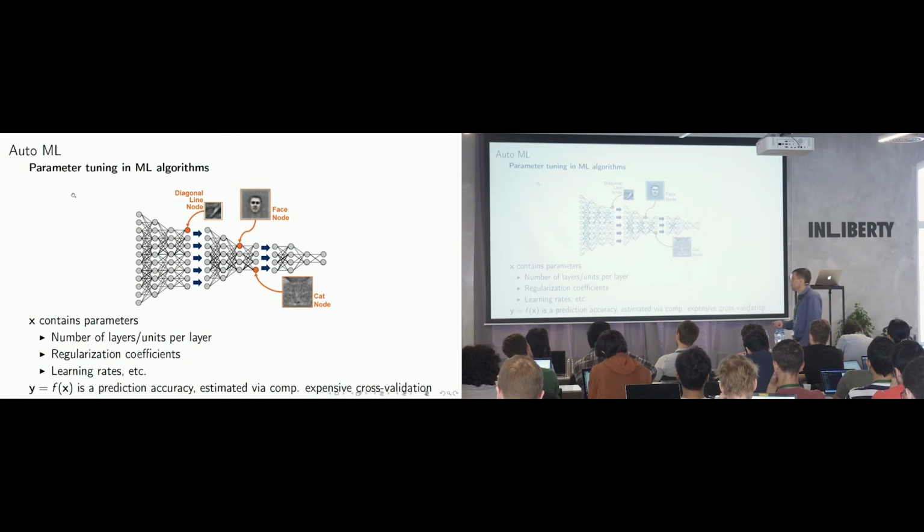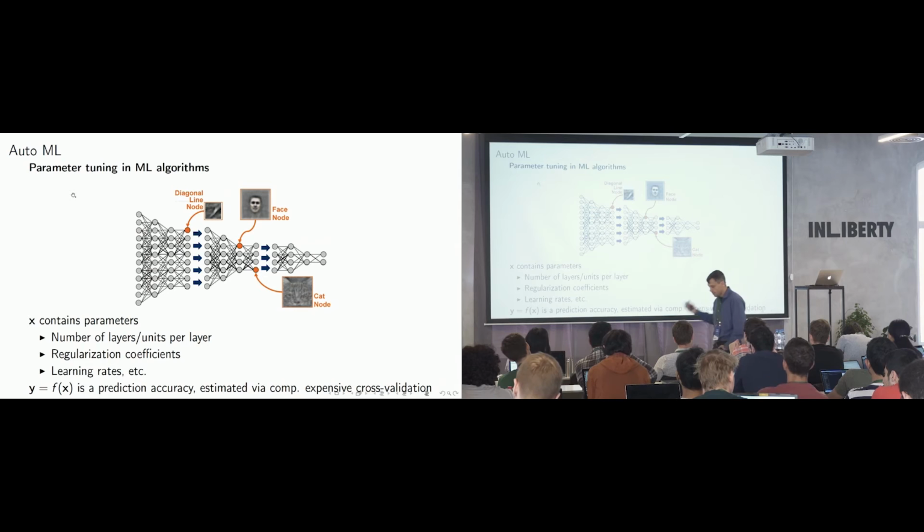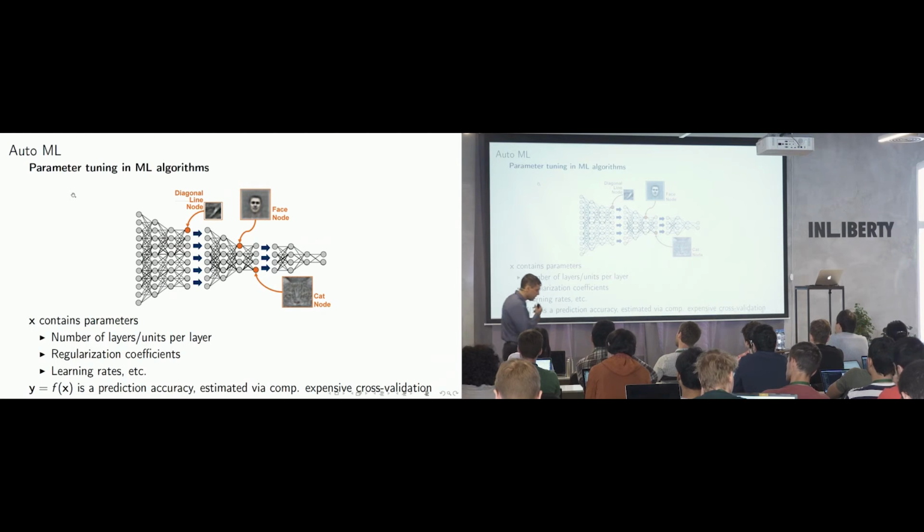But still, in order to estimate predictive accuracy of this neural network for the given values of hyperparameters for the given architecture defined by these hyperparameters, it may take a lot of time if the sample is big, because we will need to perform cross-validation and other things.